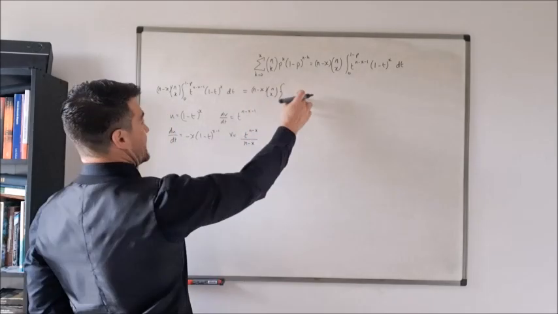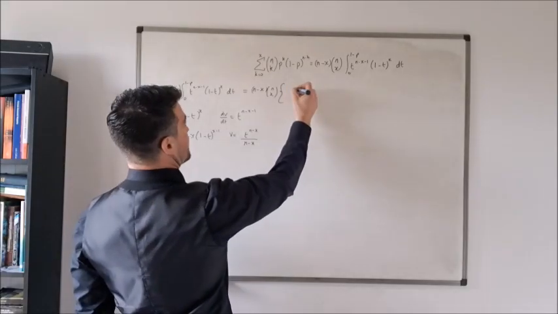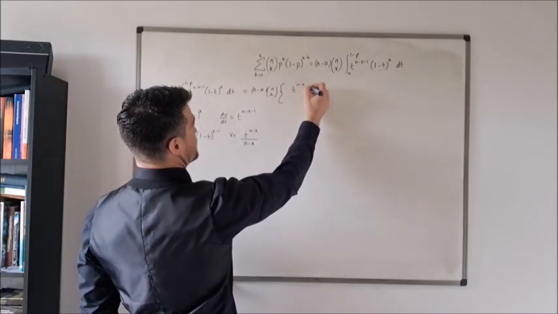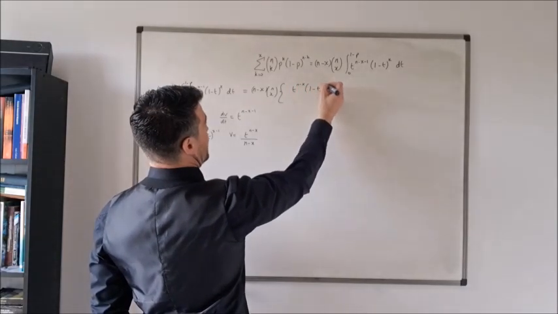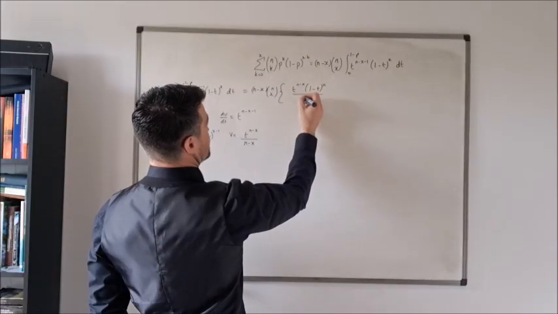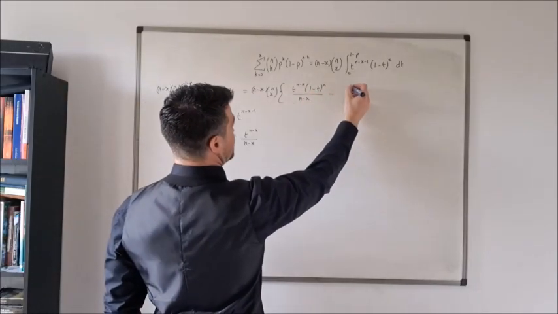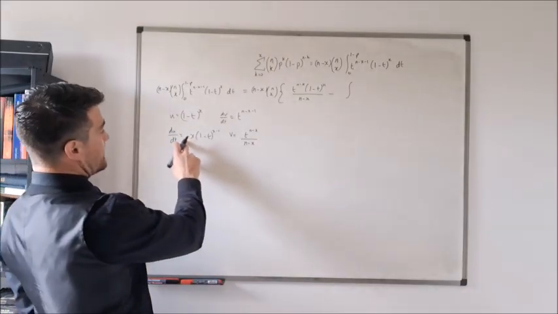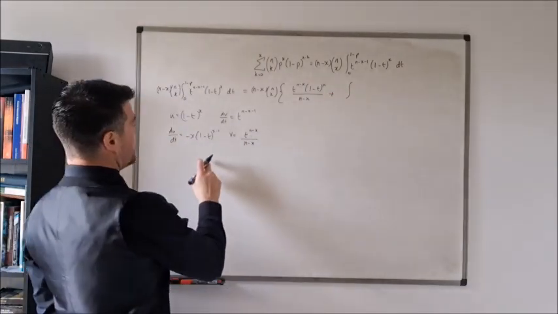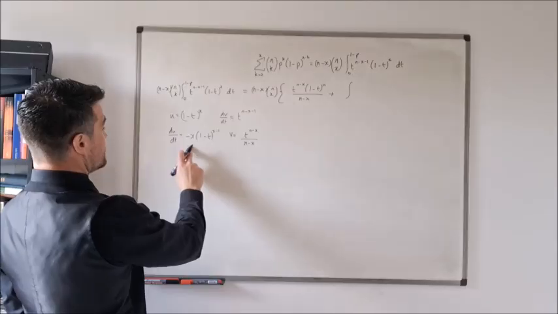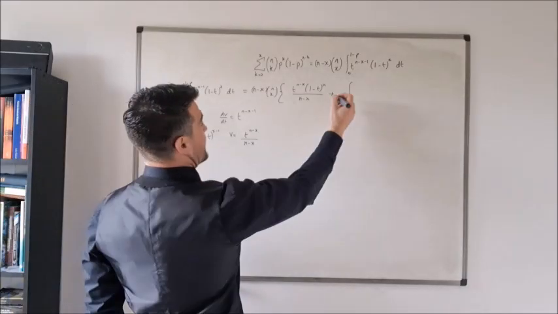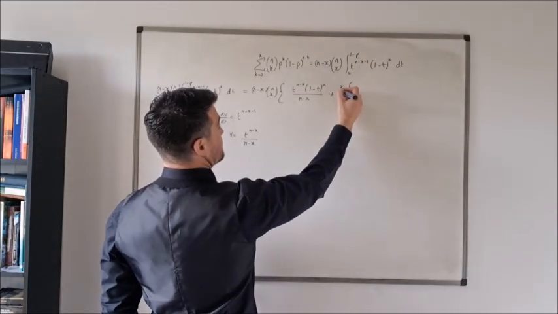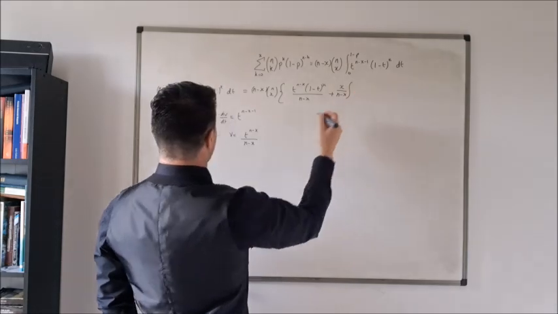So u times v is going to give me t to the power of n minus x, 1 minus t to the power of x over n minus x, minus the integral. And okay, it's minus, so that's going to end up being a plus. v times du by dt. Bring out the constants. n minus x.